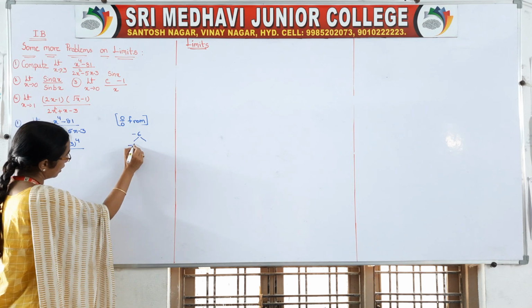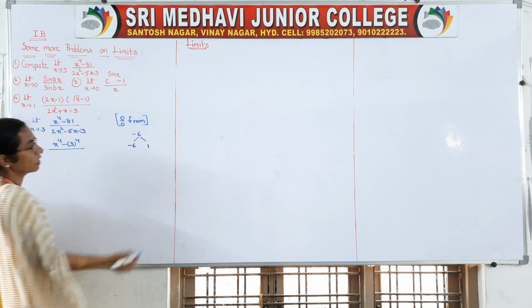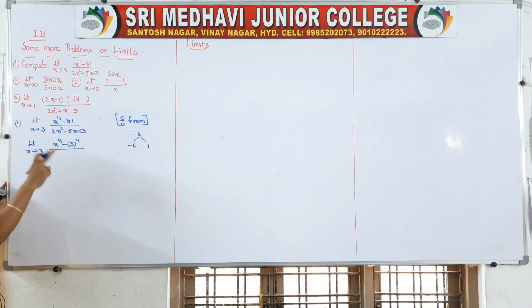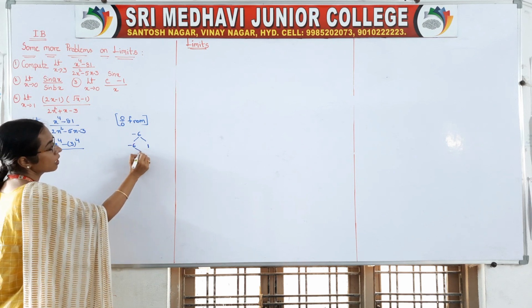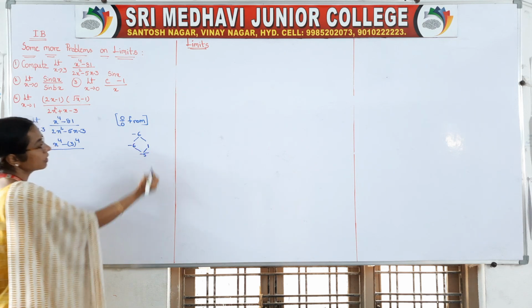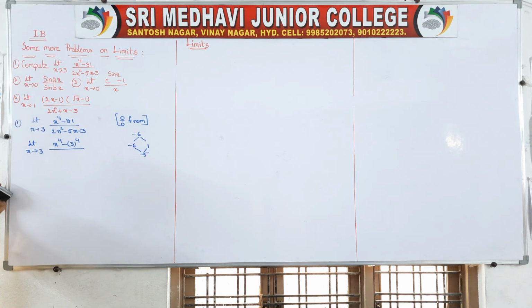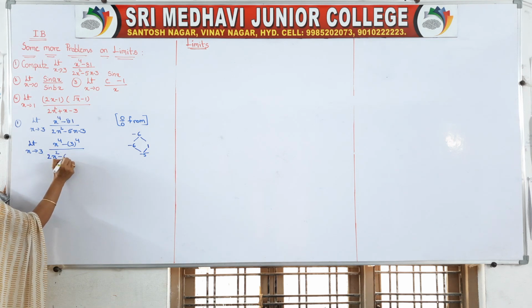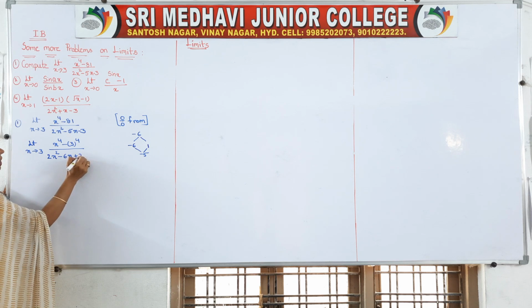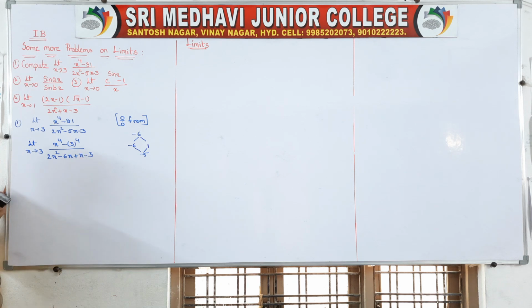If I take minus 6 and plus 1, if you multiply you will get minus 6 and if you add you will get minus 5, isn't it? Like that we have to select two numbers, that is called factorization, right? So 2x square minus 6x plus x minus 3.